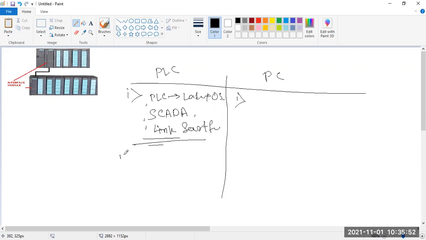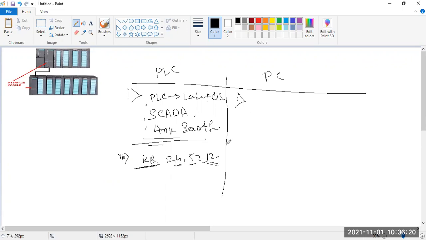Next, second is the memory. Look, PLC internal memory is generally in kilobyte format, maybe 24 kilobytes, 52, etc., or maybe higher, maybe 124, like this.